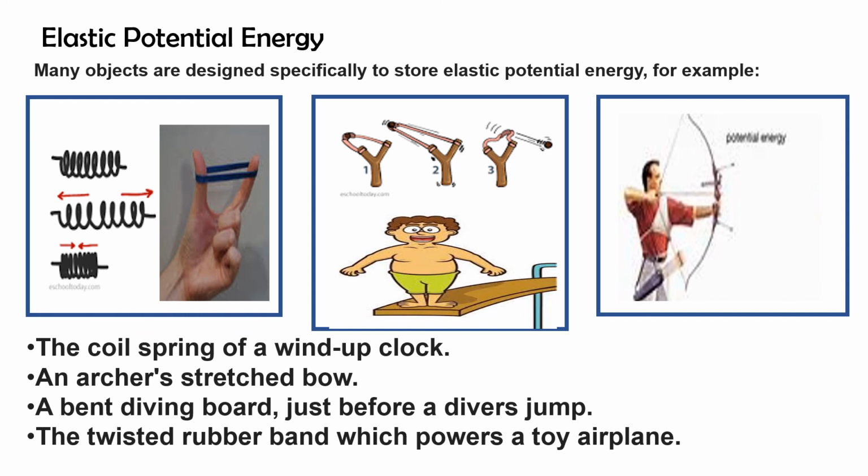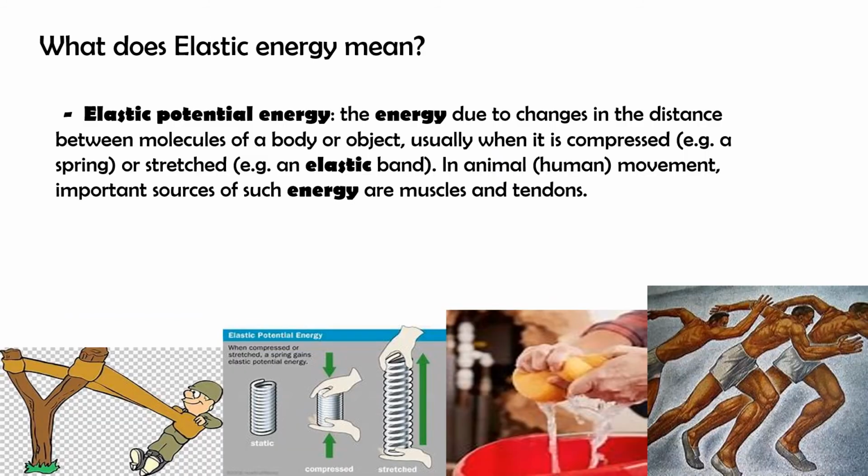The moment you stretch or do something on that object, it will go back to its original shape, and that is doing work in the process. I hope it is clear for the elastic potential energy.